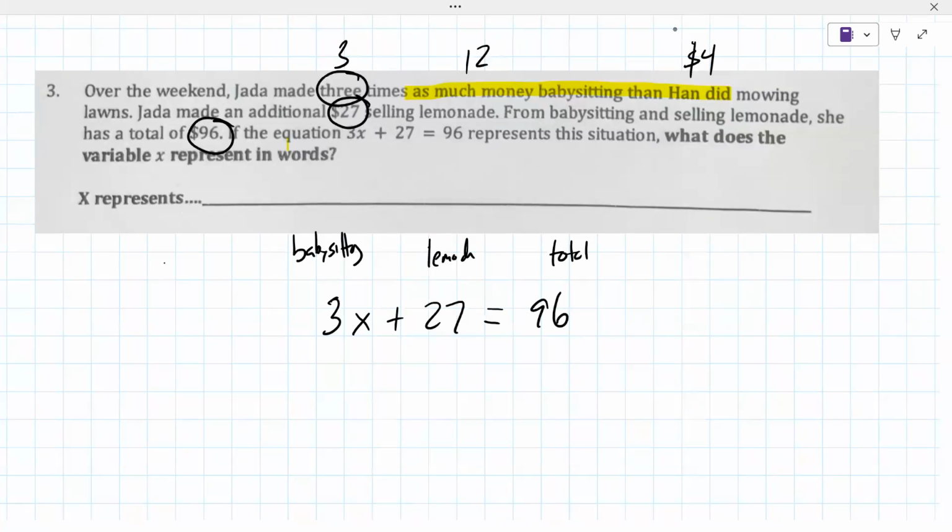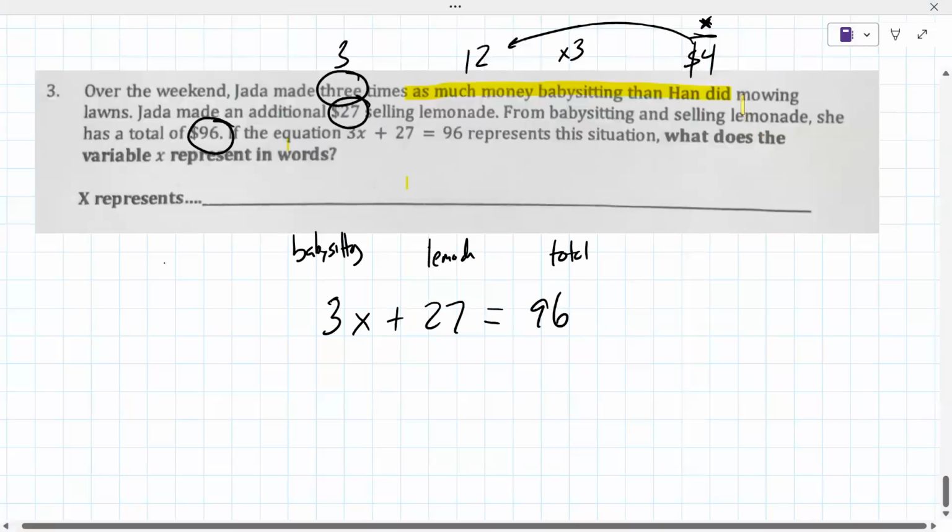So how do you get the 12 from the 4? You multiply by 3. This is the x. The x is the amount that Han made. So you've got to put into your own words something down like that, please.